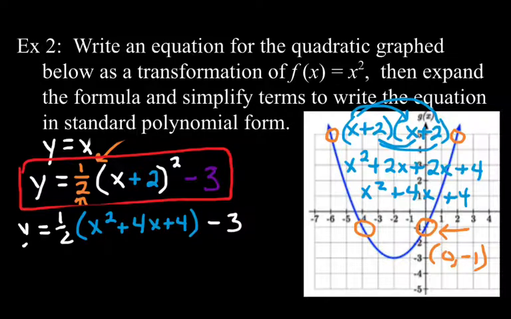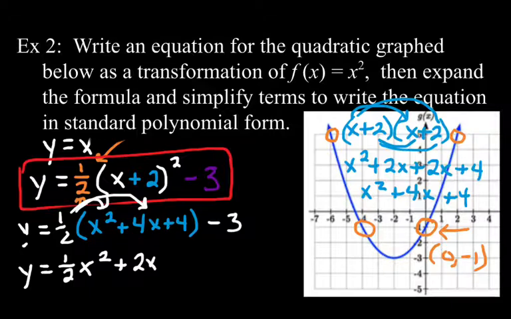So then we need to distribute. The 1/2 distributes: y equals 1/2 x squared. 1/2 times 4x will be 2x. 1/2 times 4 again will just be a 2. And then we have the minus 3 at the end. And then finally we can combine our like terms.